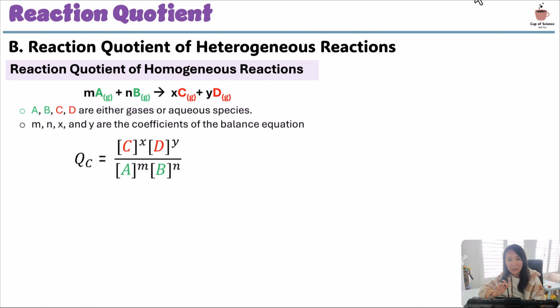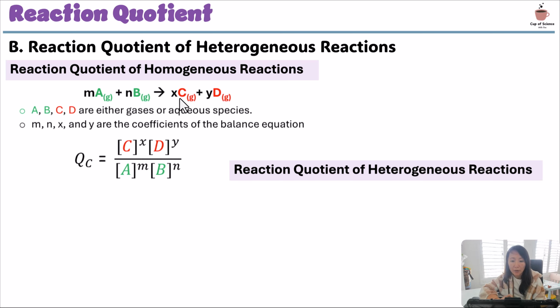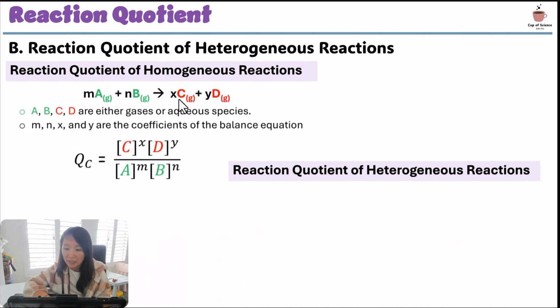So far we've been looking at homogeneous reactions, in that they were all gases, or it could have been all aqueous species. What about if we have a reaction quotient for a heterogeneous reaction, in which we have a combination of a gas and a solid and even a liquid?